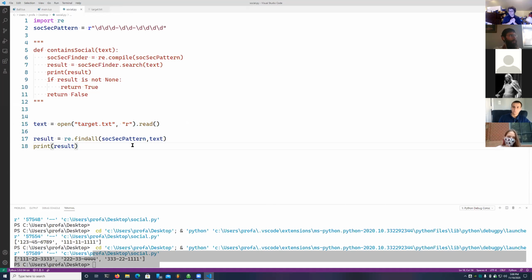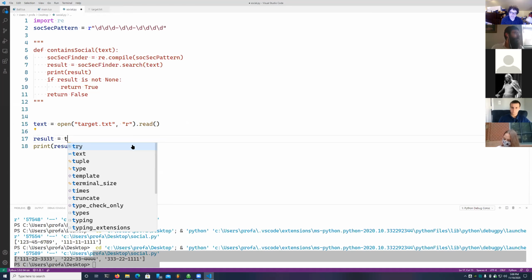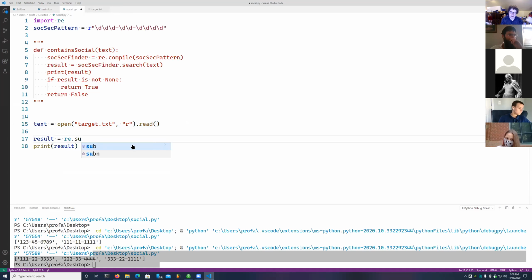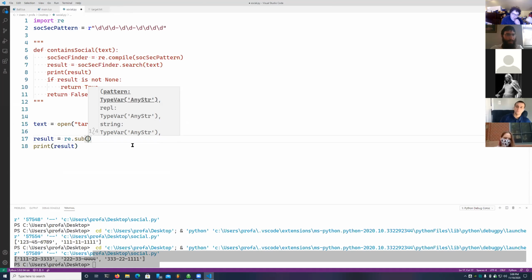So now let's solve the other part of this, which is replacing, redacting those social security numbers. re.sub, or substitute, takes 3 arguments. Read dumps it into a string, while readlines dumps each line into a string and puts each of those lines into a list.